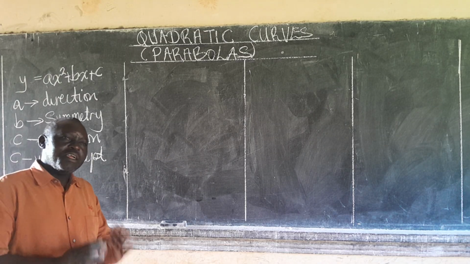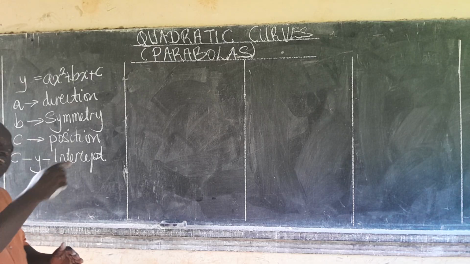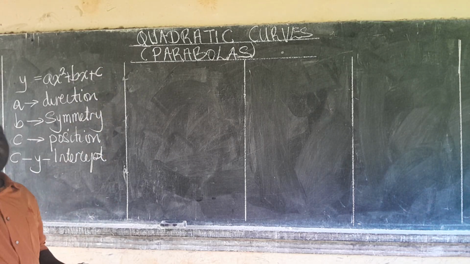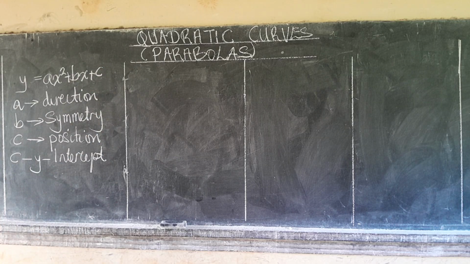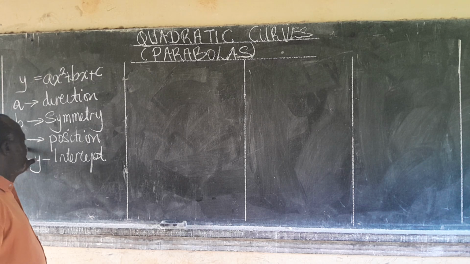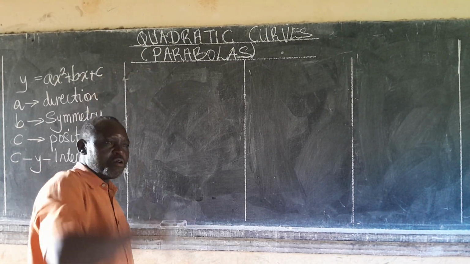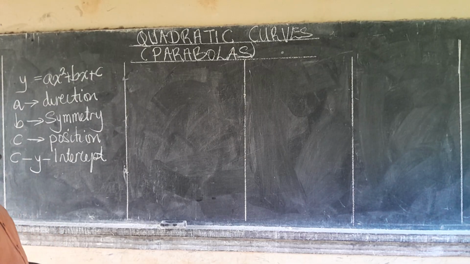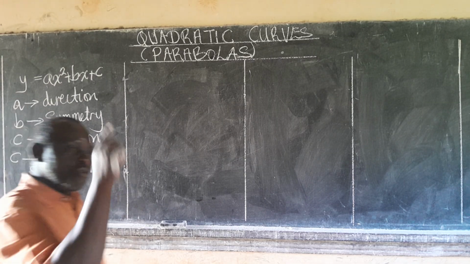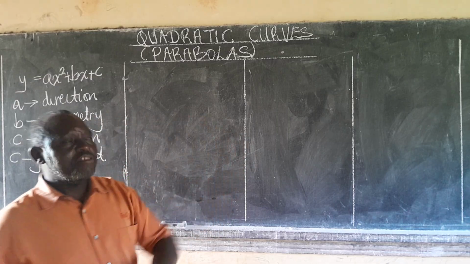When we talk about the Y-intercept, that's the point at which the curve cuts the Y-axis. Now, we've said A becomes the direction, B has an effect onto the line of symmetry, C determines the position of the curve, either to be above the x-axis or below the x-axis. Now, this A either can be greater than 0 or can be less than 0.